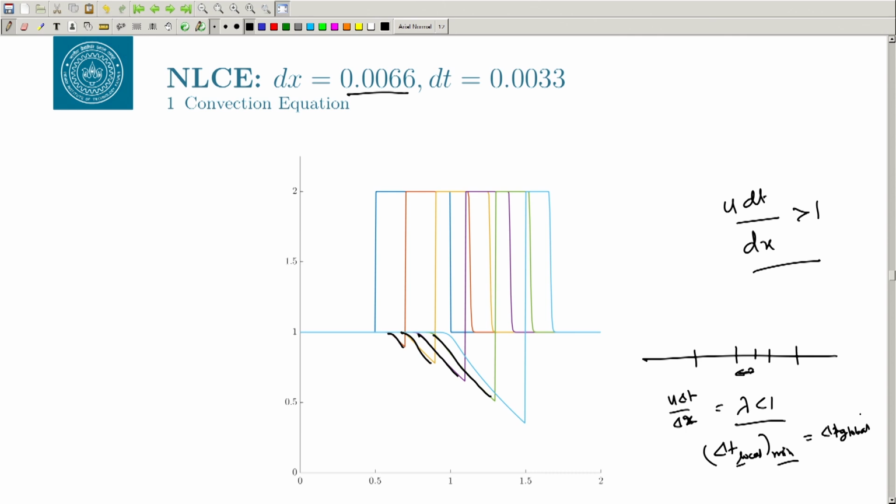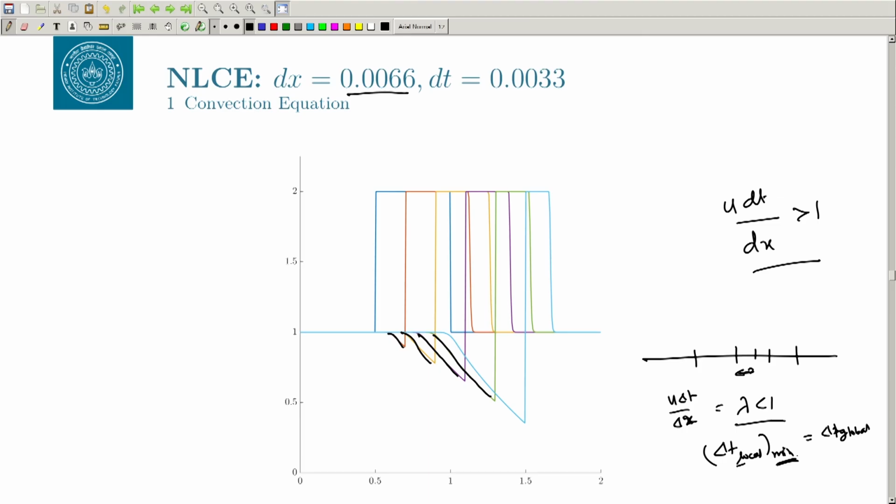Because even if one cell is not using the minimum value, maybe there are 1 or 2 cells where C delta t or u delta t is greater than delta x, that means it will jump over the cell and it will not give you the correct solution or it will blow up.